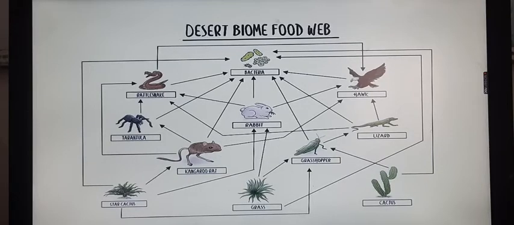Then rat is directly also eaten by the snake, and then snake is decomposed by bacteria. Tarantula is also decomposed by bacteria. Here the grass is eaten by grasshopper also, and the grass is decomposed by bacteria also. So like this, many food chains are interrelated, and the trophic levels are also interrelated. So we call it a food web.